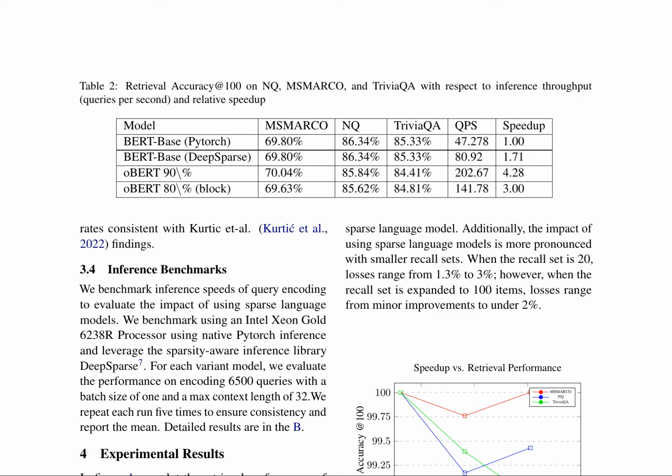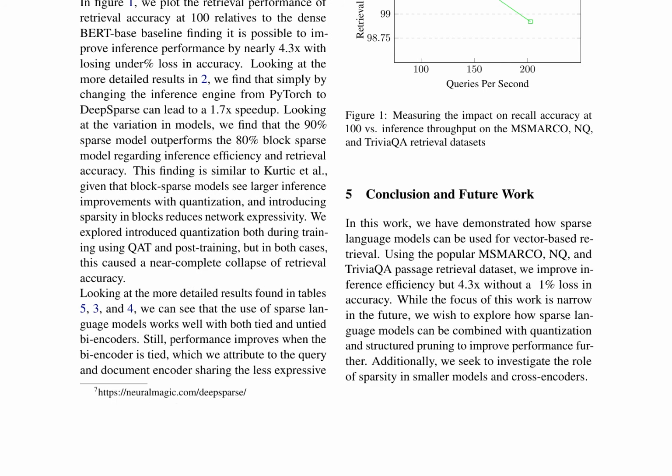Figure 1 plots the retrieval performance of the sparse language models relative to the dense BERT-based baseline, demonstrating that it is possible to improve inference performance by nearly 4.3x with less than 1% loss in accuracy.